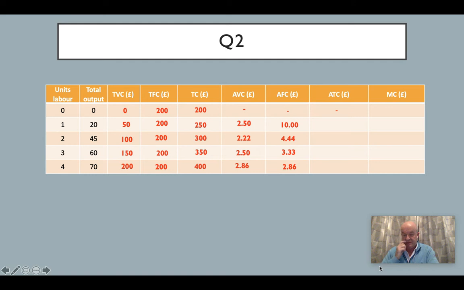Okay, if we then take a look at our average total cost, then we calculate that by taking the total cost and dividing that by the number of units produced.